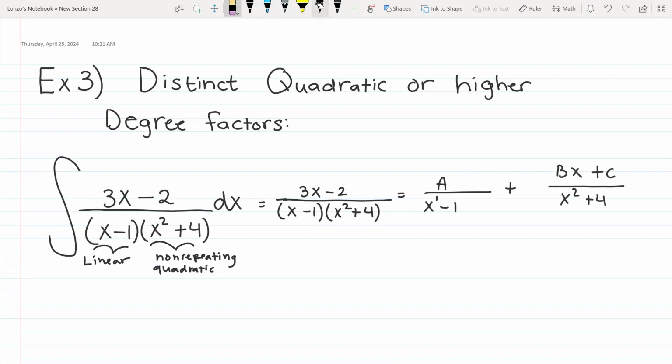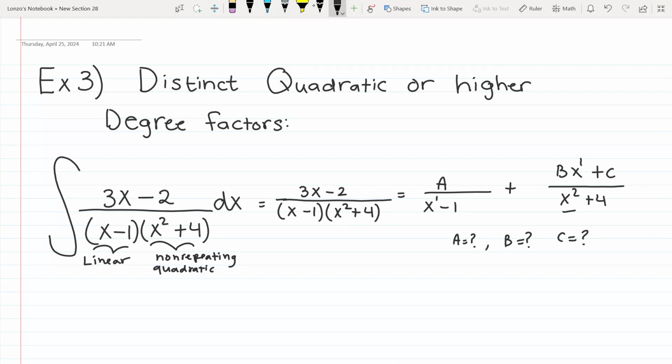Now, over here, our highest power is x squared, so this has to be a power of 1, and then you have to go down, so now you need a constant, so that's why we need a plus C here. So this time we have to figure out an A value, a B value, and our C value.